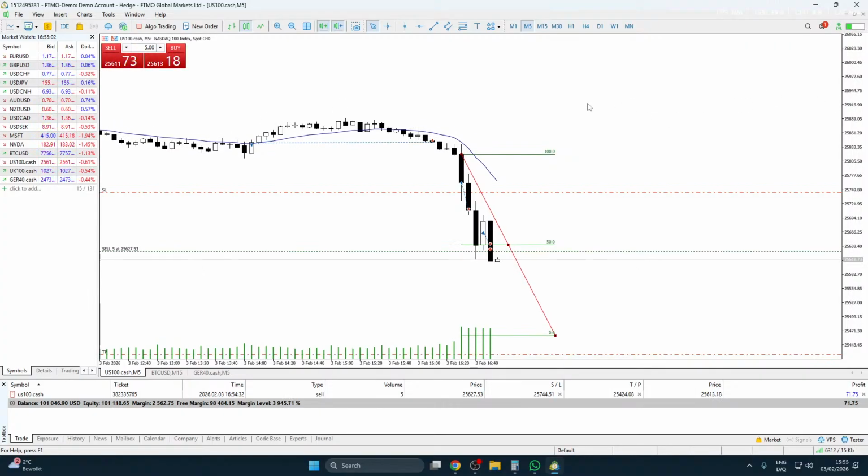In a push like this, it's possible that we get more than one leg down. Fall a bit more. Probably want to see a similar size bar like this. And then I'll put the stop here.